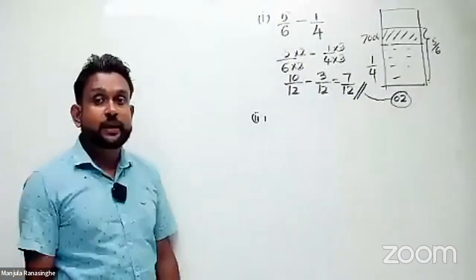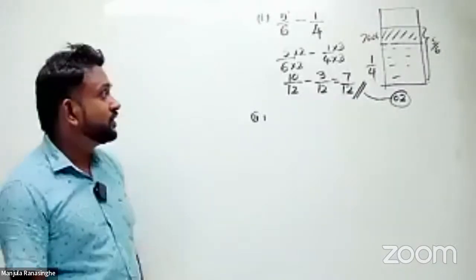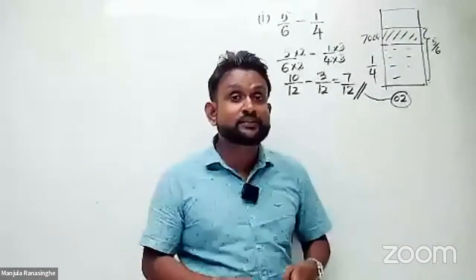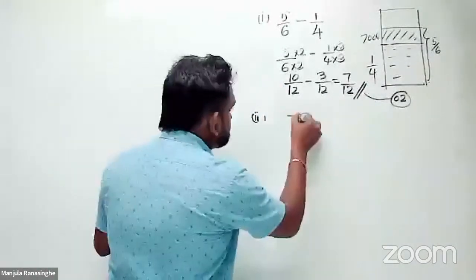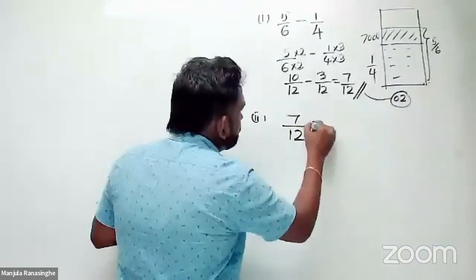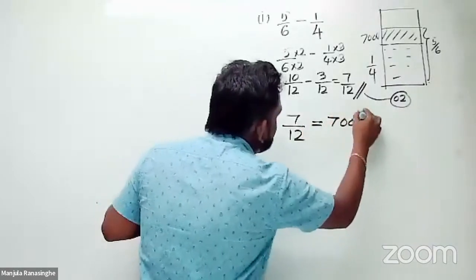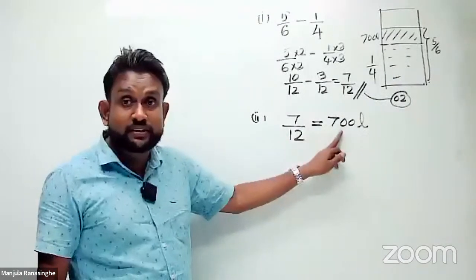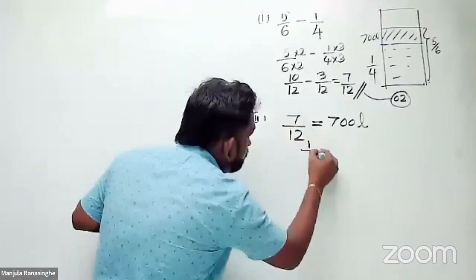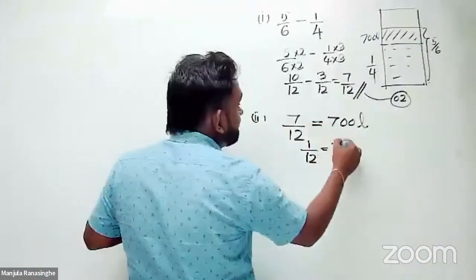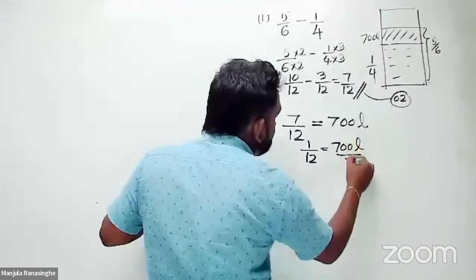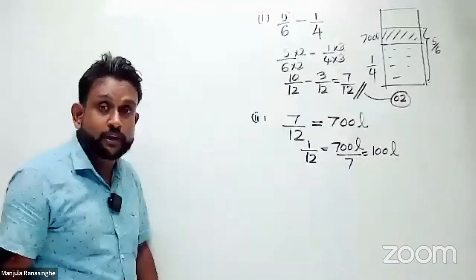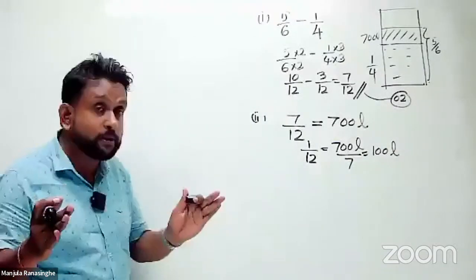Then find the capacity of the tank in liters. The utilized water is 700 liters, and as a fraction it is 7 upon 12. So 7 upon 12 of the tank is 700 liters. Divide 700 liters by 7, that is 100 liters, which is one part of the 12.